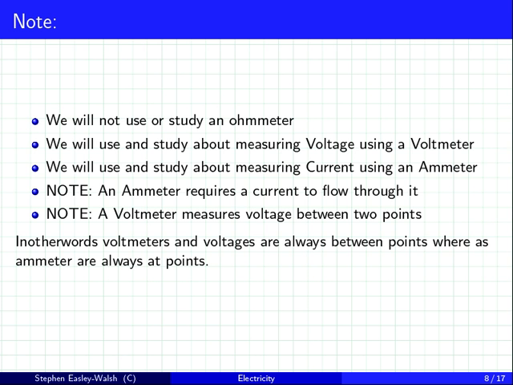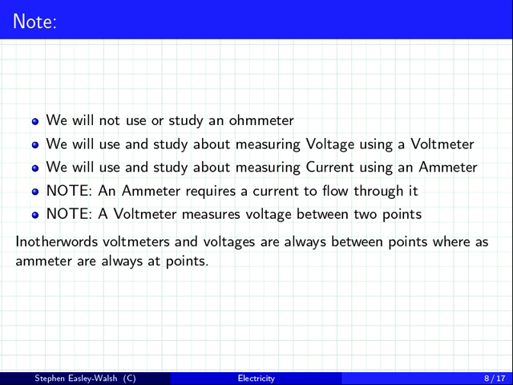You might think this is the same as how a voltmeter would work, but no, a voltmeter is a little bit different. You have a wire like this, and the electrons are moving through it, and you don't put the voltmeter in here like this. You have two wires that come out of the voltmeter, and you clip one here and one here.